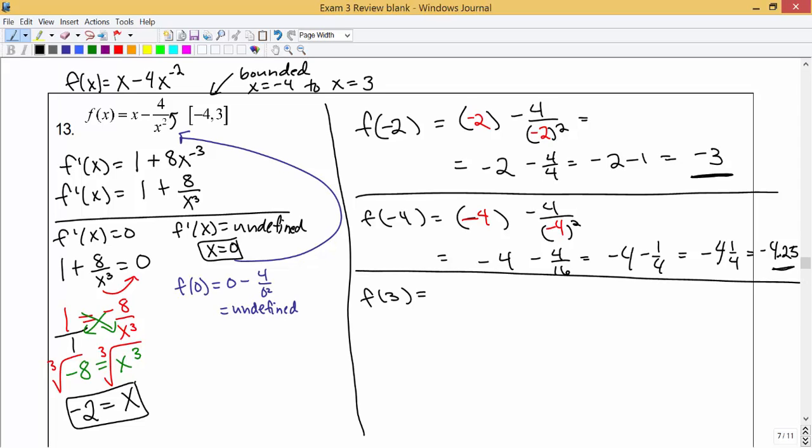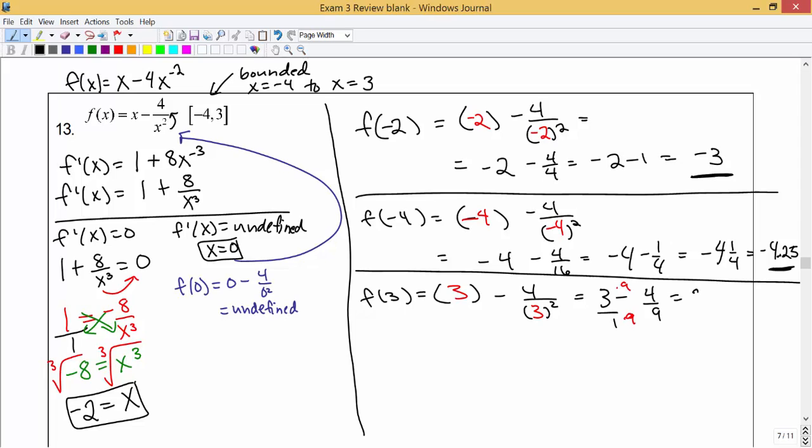Okay, and we're going to compare that value to what happens when 3 goes into the function. In this case, we would end up with 3 minus 4/9. Let's go ahead and give them the same denominator. Multiply top and bottom by 9, since the common denominator would be 9.